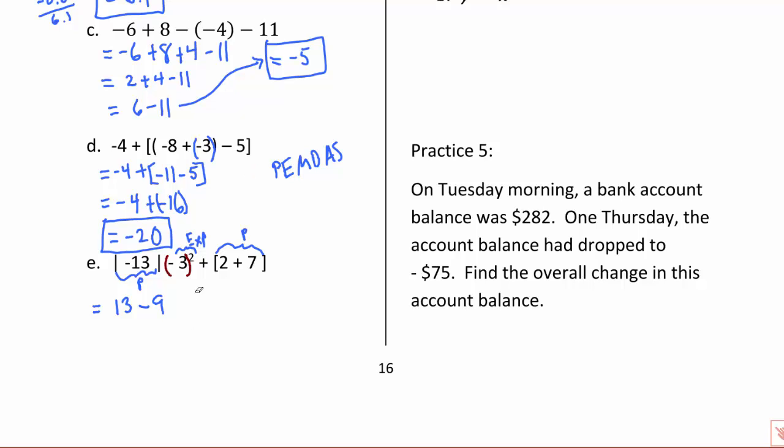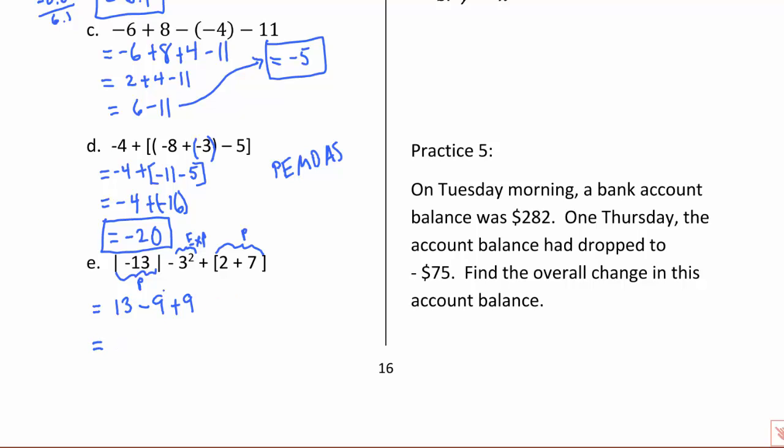So it'd be negative 3 times negative 3, which would have given me a positive 9. Okay, so we just have to be very careful here. With exponents, we only act on the very first thing to its left. Now, plus 2 plus 7 is 9.